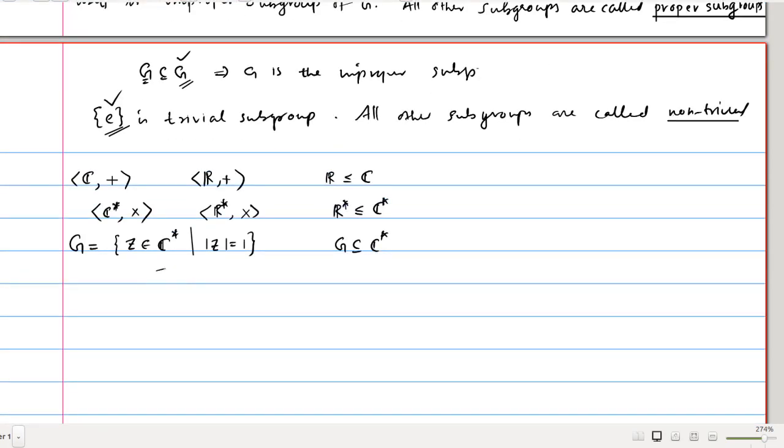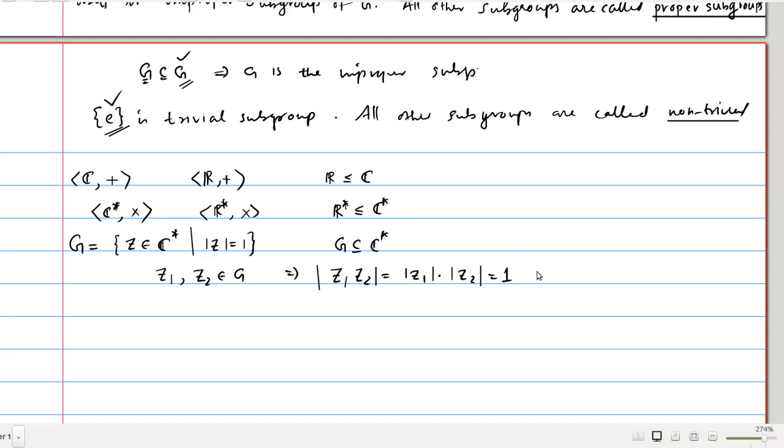This is because if we have any two elements z1, z2 belonging to G, then we can get z1 into z2. Modulus of this is the same as mod z1 into mod z2. If these two elements are from G, then mod z1 is equal to 1 and mod z2 is equal to 1, so this is also 1.